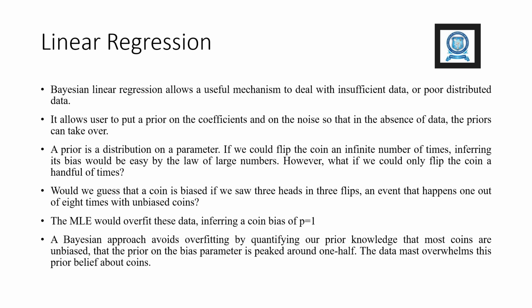The MLE would overfit these data, inferring a coin bias of p equal to 1. A Bayesian approach avoids overfitting by quantifying our prior knowledge that most coins are unbiased, that the prior on the bias parameter is peaked around 1/2. The data must overwhelm this prior belief about coins.